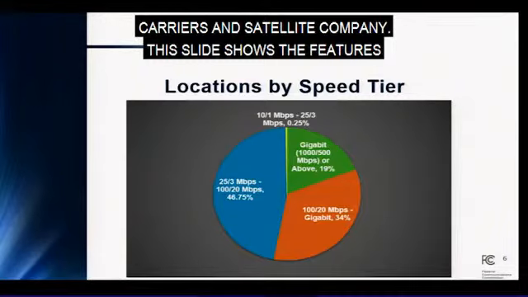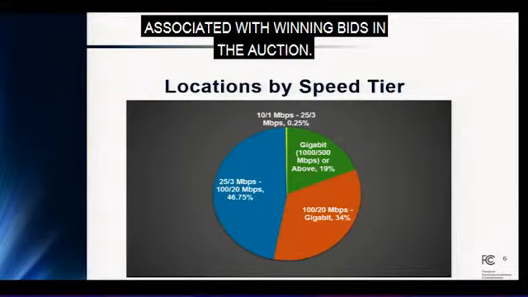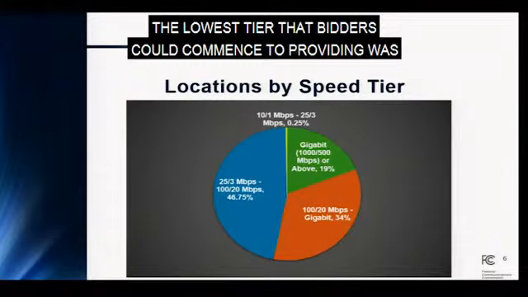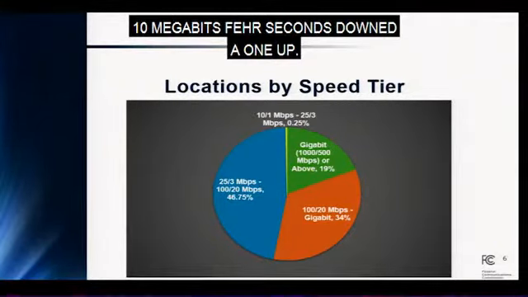This slide shows the speed tiers associated with the winning bids in the auction. The lowest speed tier that bidders could commit to providing was 10 megabits per second down and 1 megabit per second up.